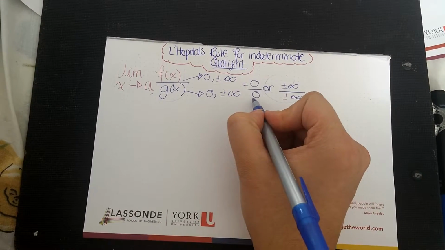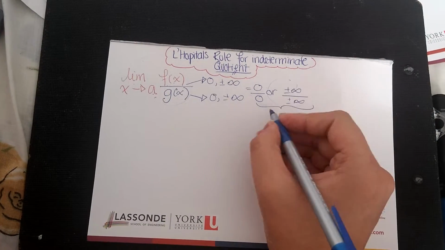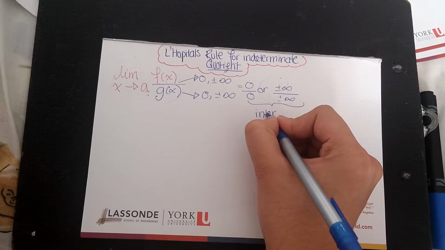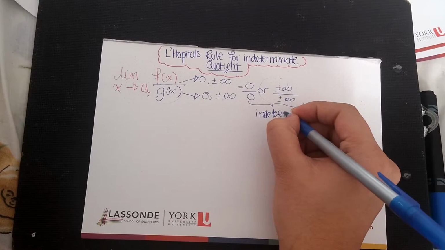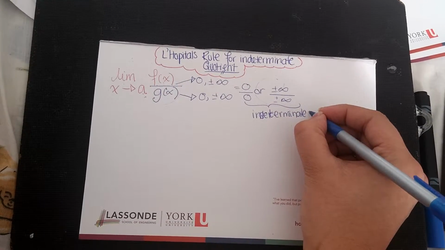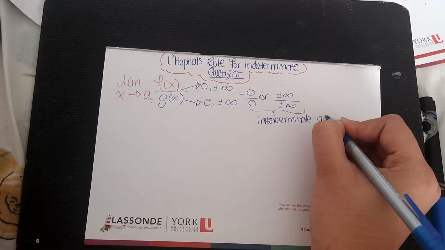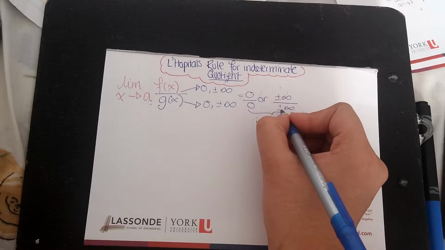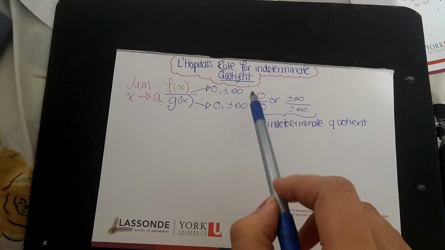What we call this situation, 0 divided by 0 or infinity divided by infinity, we call this indeterminate, okay, sorry, my spelling is off, indeterminate form. But this is not just any indeterminate form, this is an indeterminate quotient, okay? This is an indeterminate quotient. So that is where I get the indeterminate quotient from the title, okay?